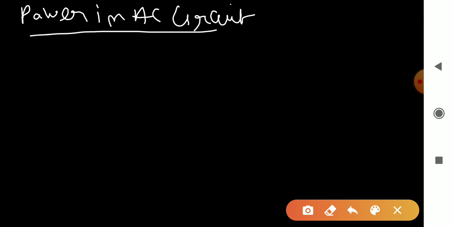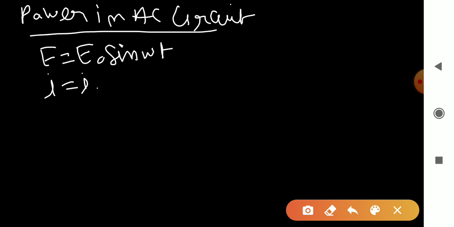The instantaneous values of voltage and current in AC circuit are given by E equal to E naught sin omega t and I equal to I naught sin omega t minus phi, where phi is the phase difference between E and I, right?